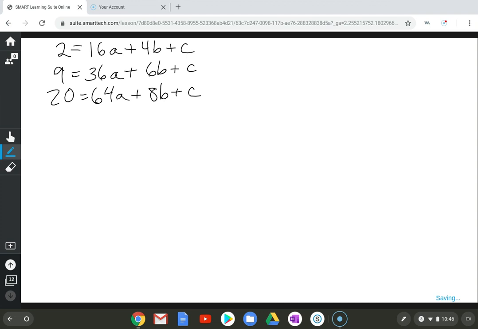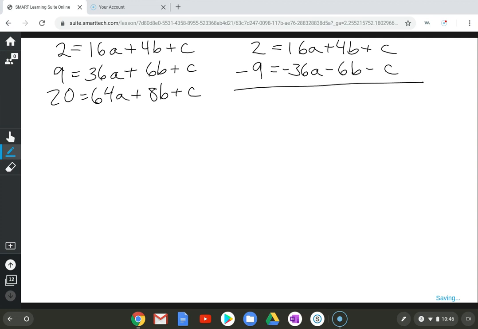All right, so now we could easily multiply this middle equation times -1. So if I take my top equation and multiply my middle by -1 and add them down, I end up with negative 7 equals negative 20a minus 2b.